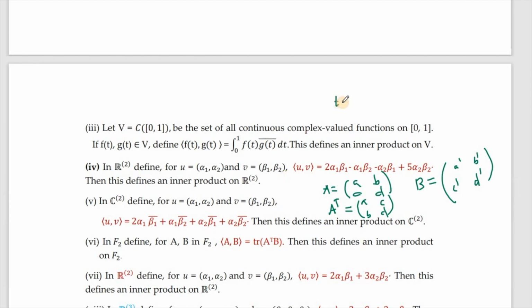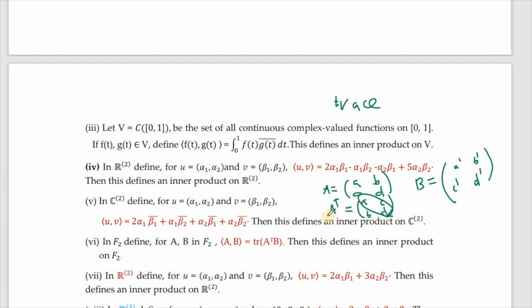TR stands for the trace function. Trace is nothing but the sum of the main diagonal entries. We compute A transpose B first, and then we find the sum of the main diagonal entries. That sum of the main diagonal entries gives the trace.